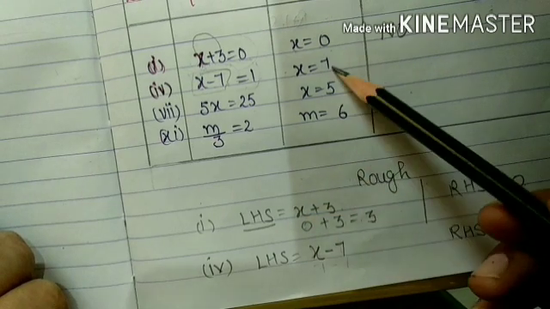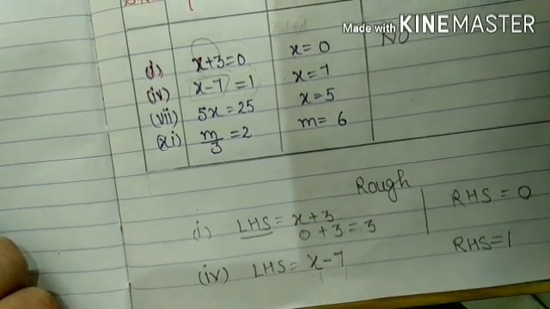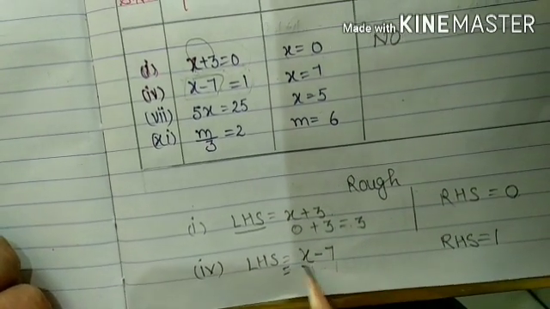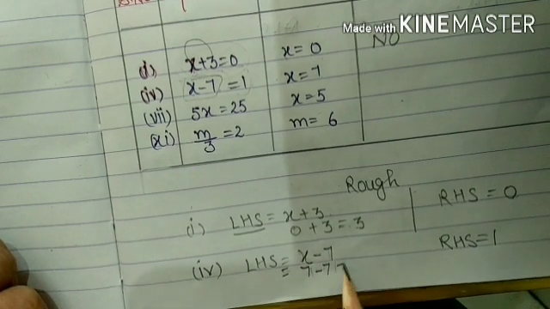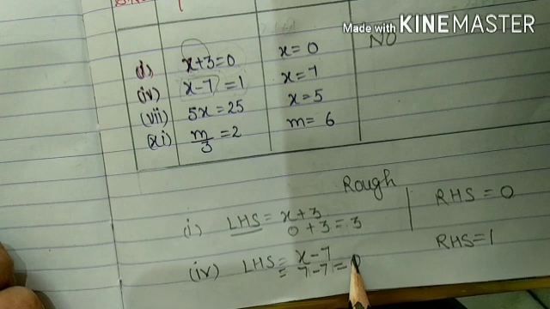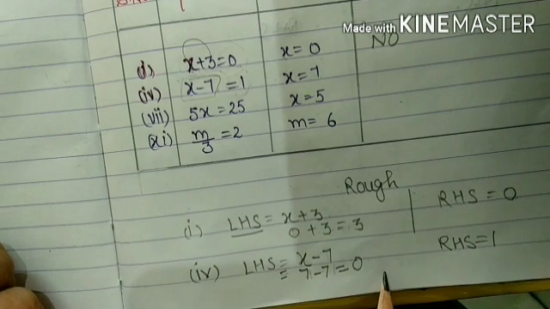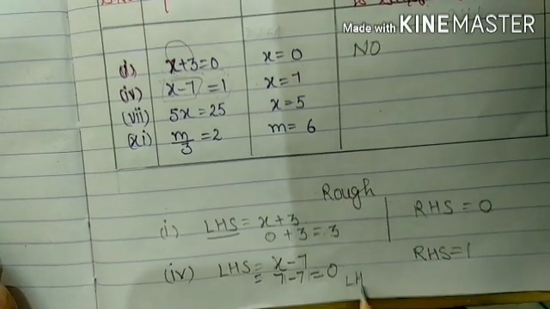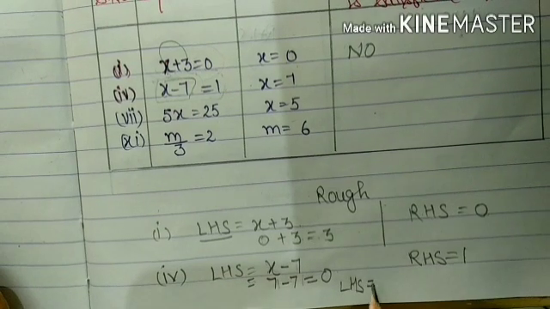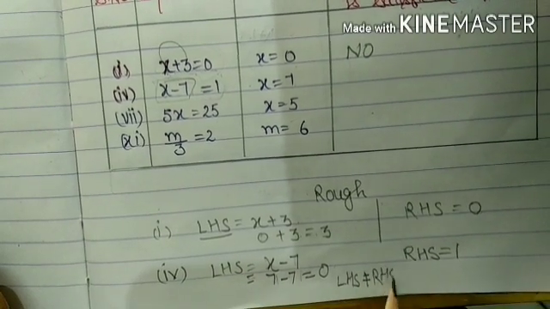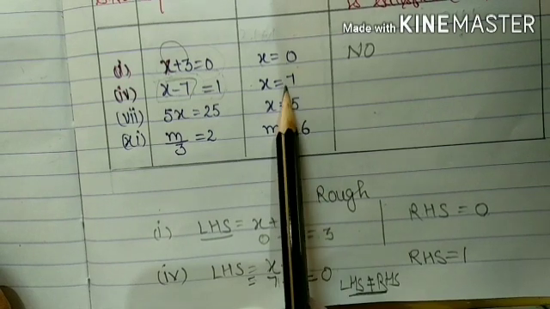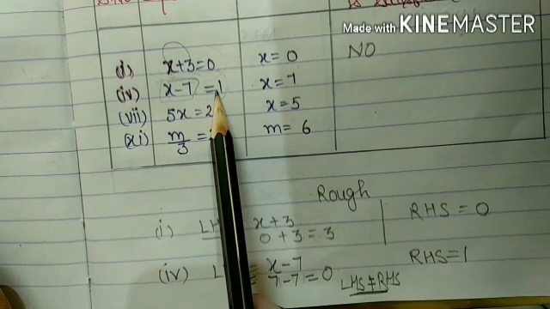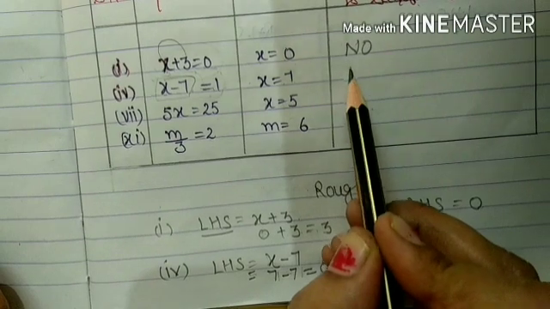After putting the given value x equals 7, what does it become? 7 in place of x, I have written 7 minus 7. It gives 0. Are these equal? The left hand side is not equal to the right hand side. So what does it mean? It is not satisfying the given equation. Here I will write no.